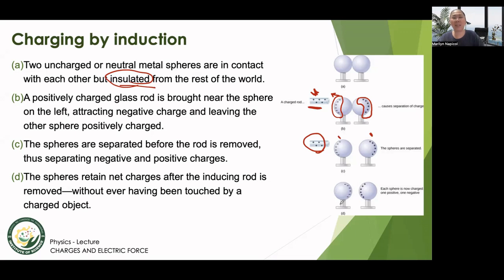Okay, na-retain na siya. Ito naging negatively charged na. Ito naging positively charged. Okay? So, ngayon, they are now charged. Okay? So, pag ito, pinagdikit mo, magkakaroon ka ng attractive force. Okay? Why? Kasi magkaiba po sila ng charges. They have a tendency to attract each other.